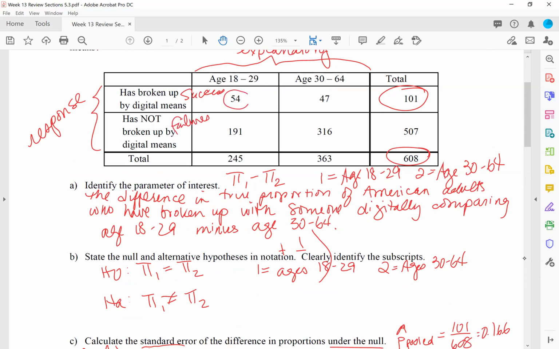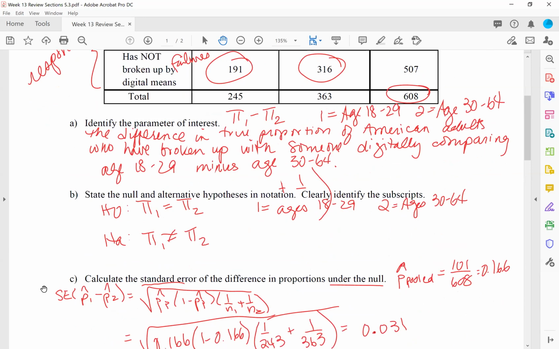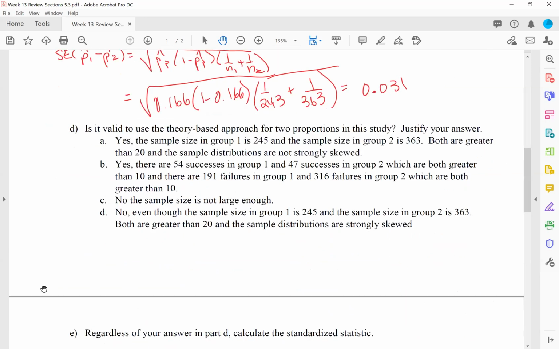So we can see we have 54 successes in the first group and 47, which are both obviously greater than 10. And then we have 191 and 316 failures in each group, which are also greater than 10. So which of those responses would be correct?